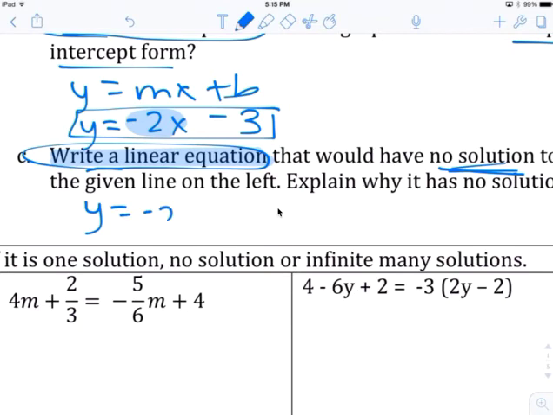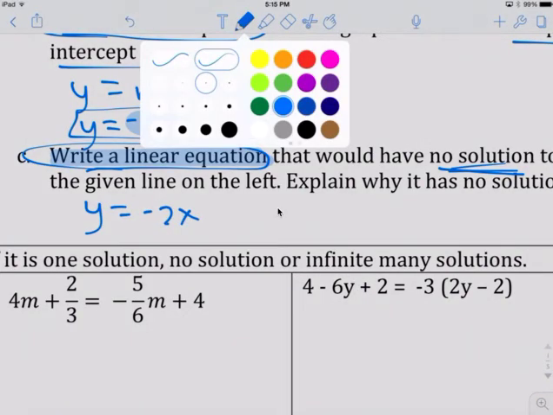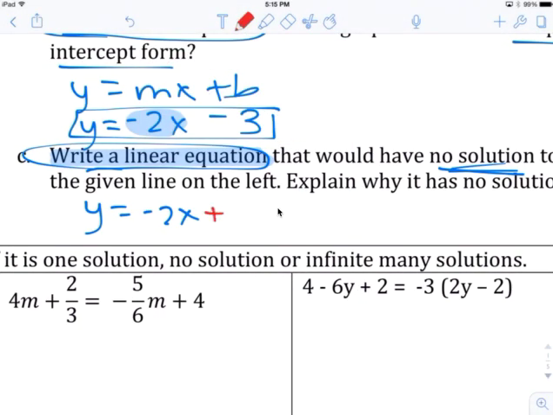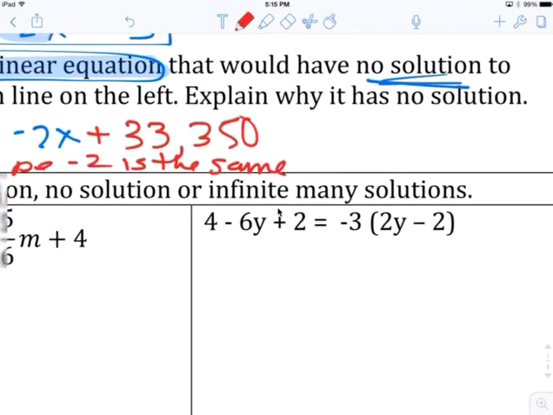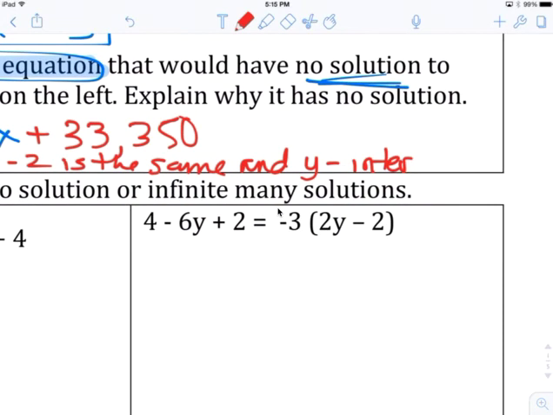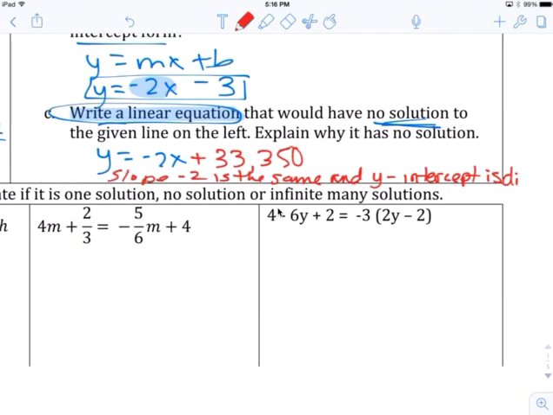Y equals -2x, and the y-intercept is different, so plus 3, or whatever. The slope of -2 is the same, and the y-intercept is different. I need you to at least identify the rate of change here.